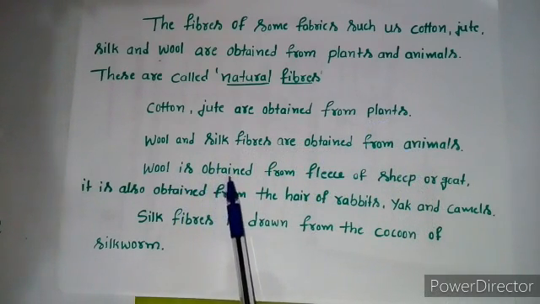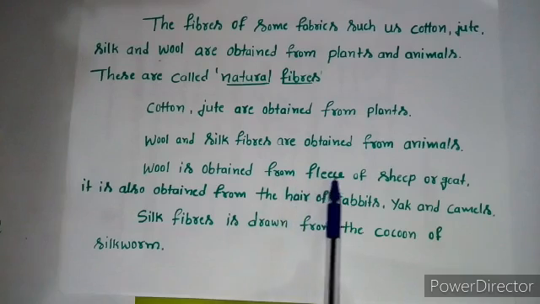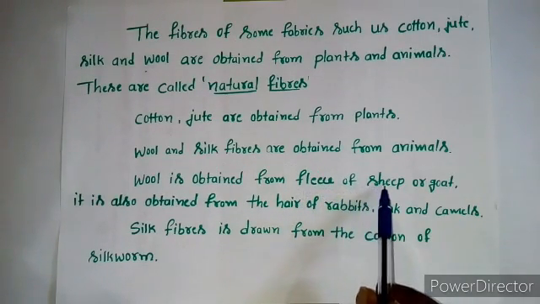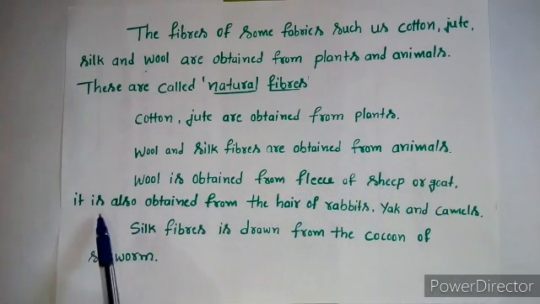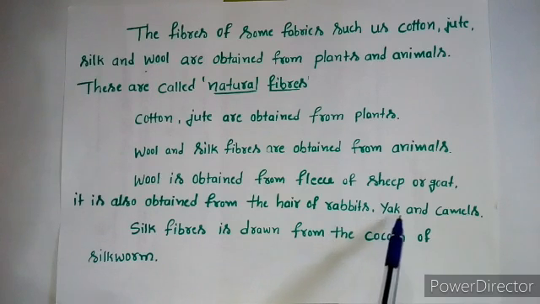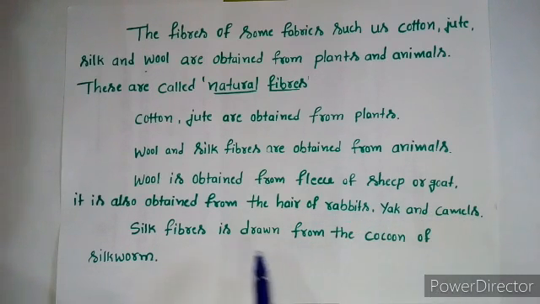Wool is obtained from the fleece of sheep. Fleece means strips of skin of a sheep or a goat. It is also obtained from the hair of rabbits, yak and camels. Silk fibers, which we call locally reshme, are drawn from the cocoon of the silkworm.